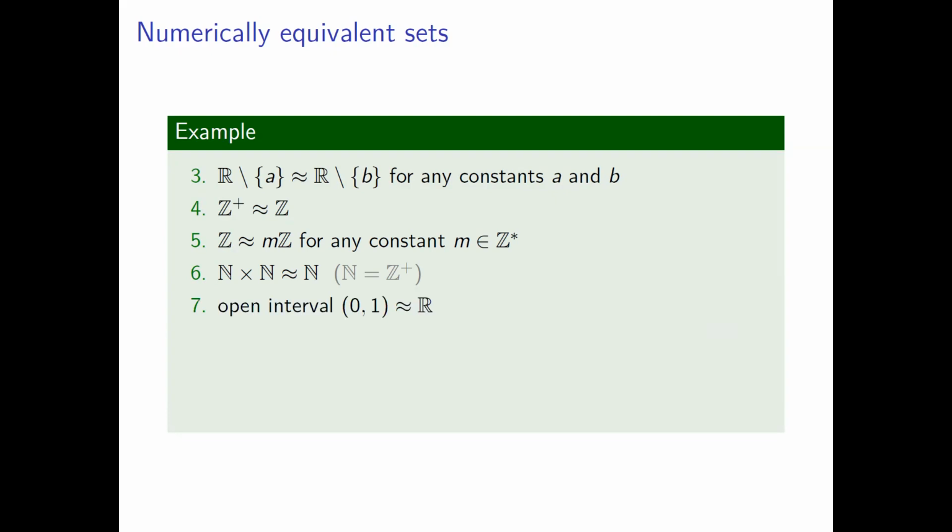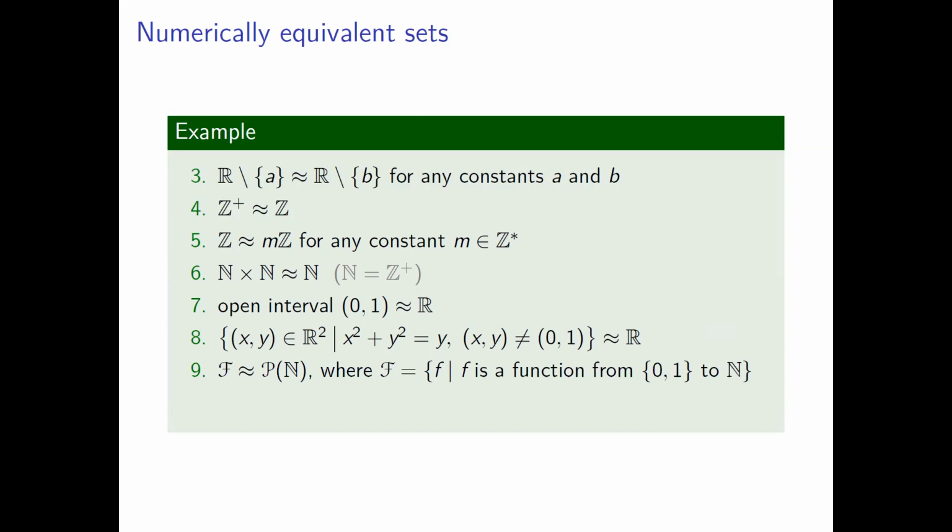The open interval from 0 to 1, that is, the set of all real numbers greater than 0 but less than 1, is numerically equivalent to the set of all real numbers. The set of all points on the circle x squared plus y squared equals y, except for the point (0, 1), is numerically equivalent to the set of all real numbers.